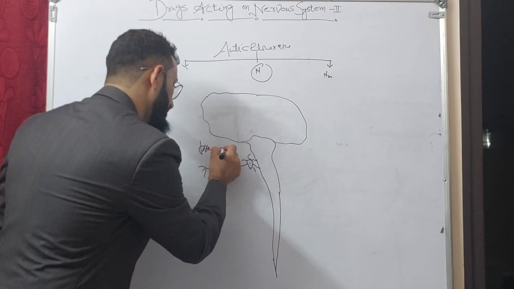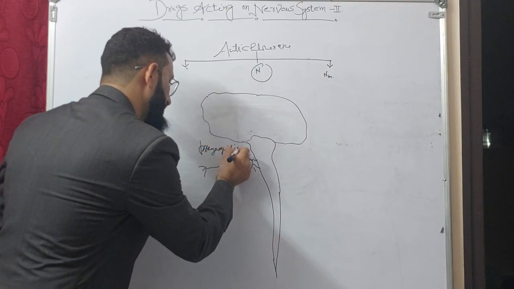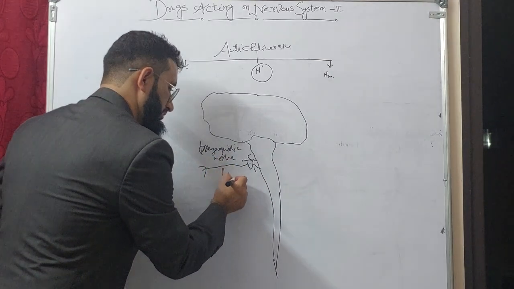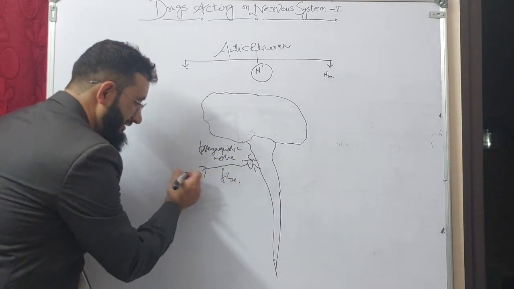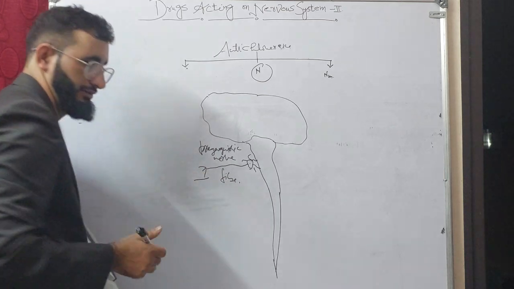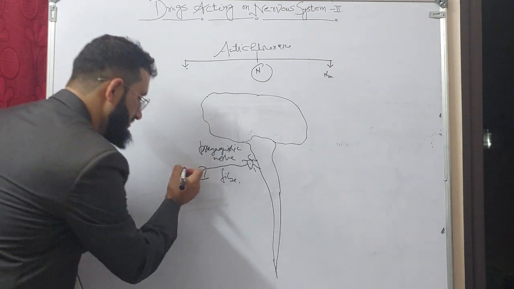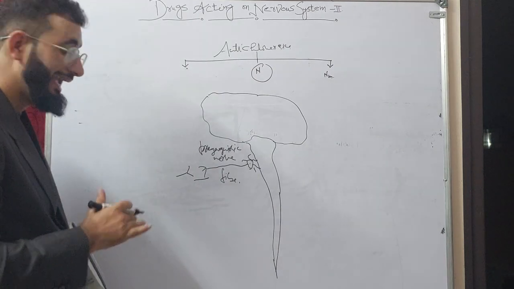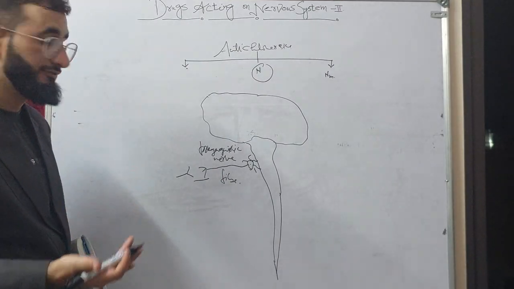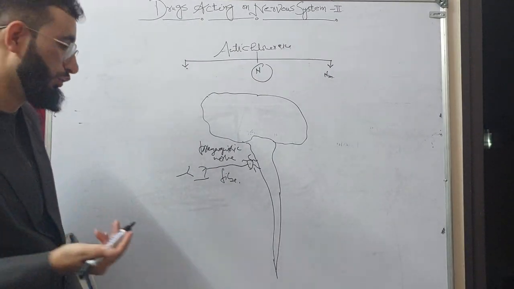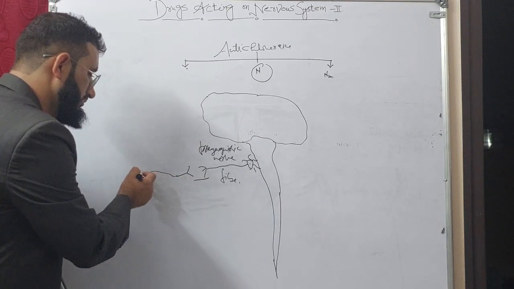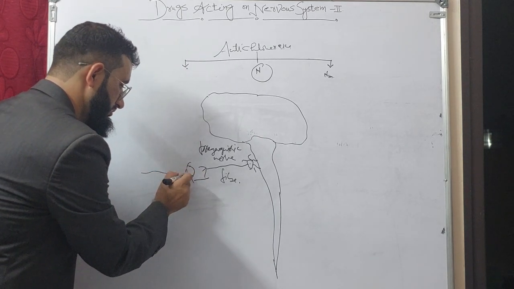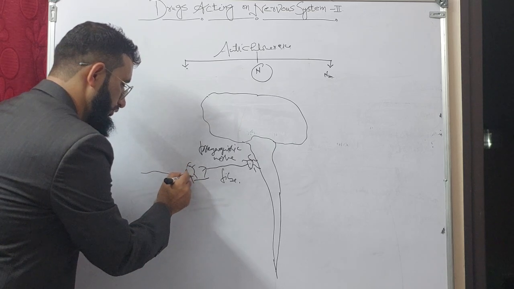And after this there is a gap, and you know that this gap is called the synapse. After this, another nerve fiber originates, which is called the postganglionic nerve fiber. This is the dendron, okay.